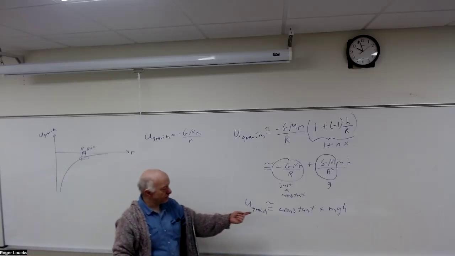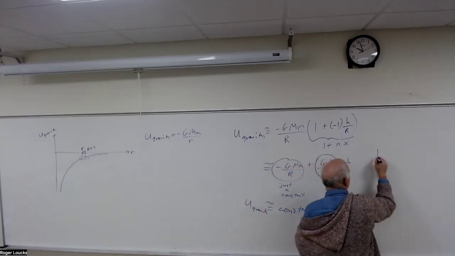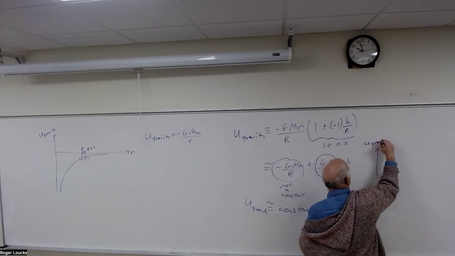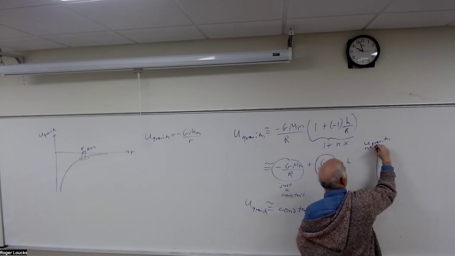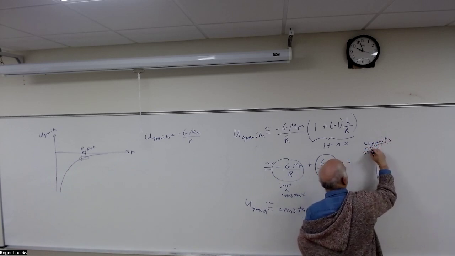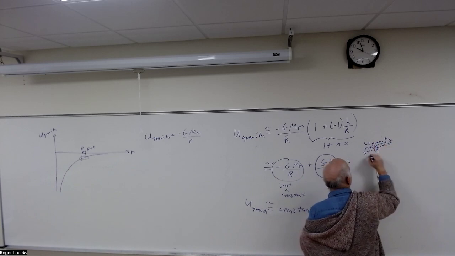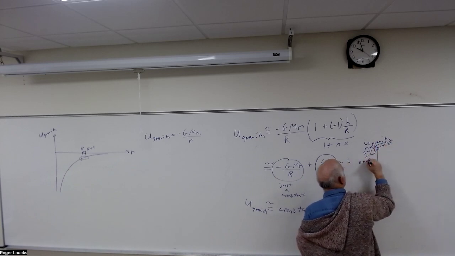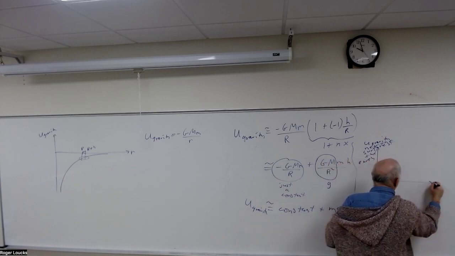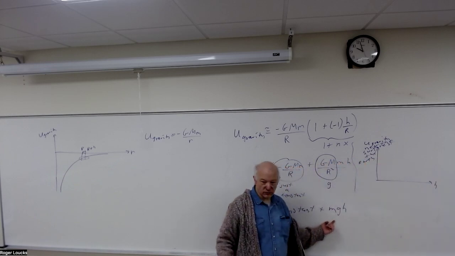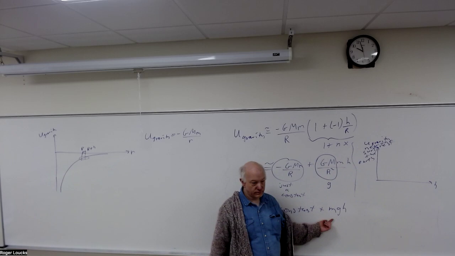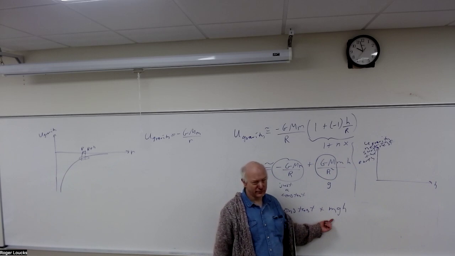If I had to graph U gravity here, near the surface of the Earth versus h, MGH is nothing but a, in the words of Scooby-Doo, constant.